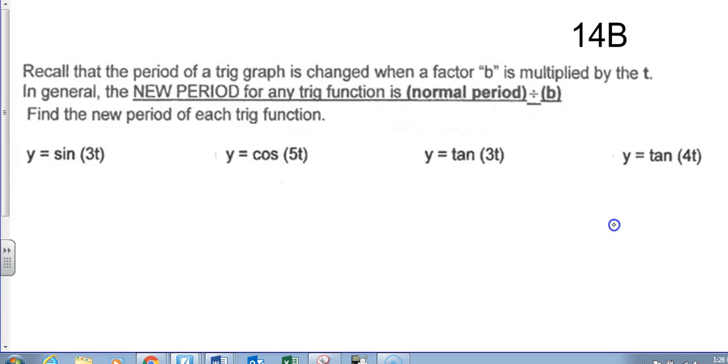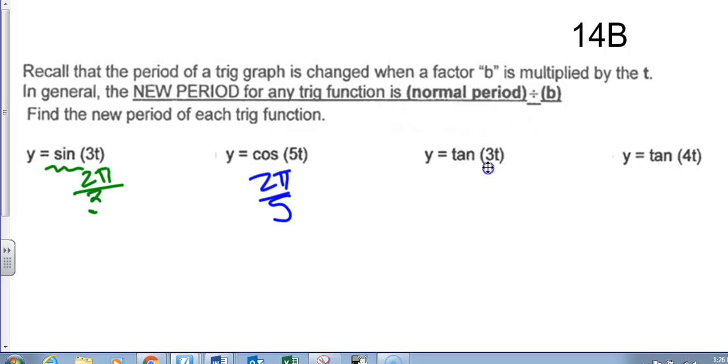All right, flip the worksheet over really quickly. This is like a 10-second review. What's the period of this function? Sine 3t. 2 pi over 3. Too bad I can't write that. This one would be 2 pi over 5.